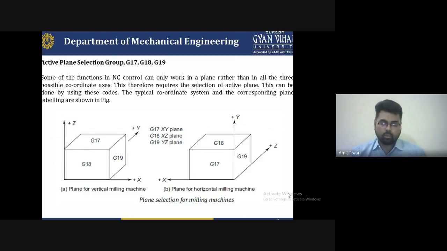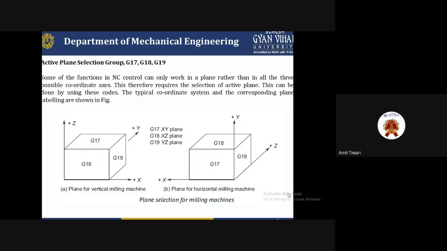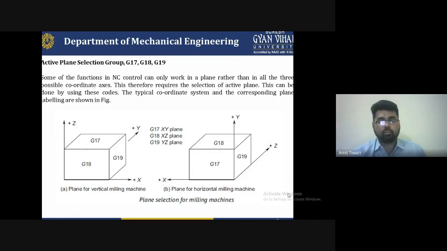So these are the codes which we already mentioned, and you have to keep in mind what plane you are selecting for the operation. It depends upon your coordinate system. So these are the three types of coordinate system which are generally used for plane selection. It depends on where you start the machining, or which plane you have to cut first for your operation.